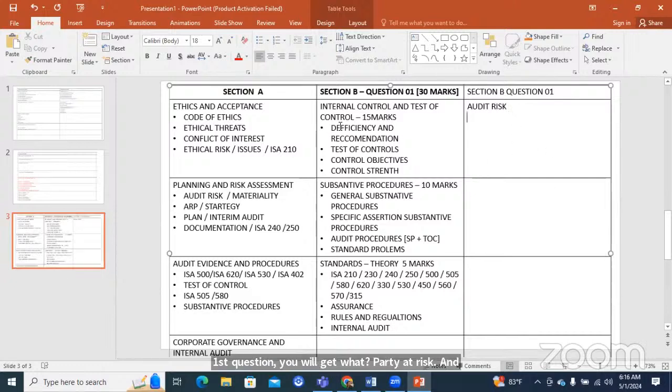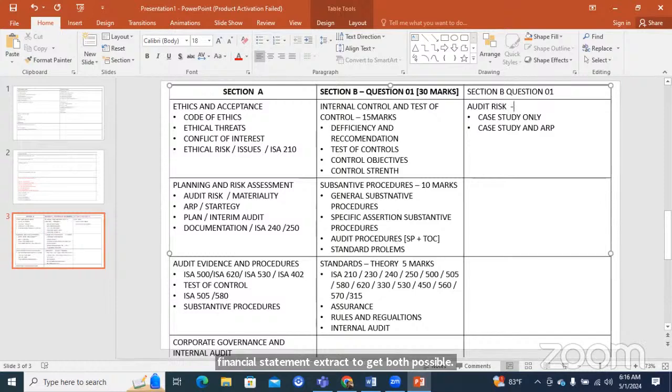Under audit risk, concentrate. One is a case study only: identify audit risk and response to audit risk. Two is a case study and ARP, analytical review procedures. Case study and financial statement extract together, both possible. So audit risk can be tested.